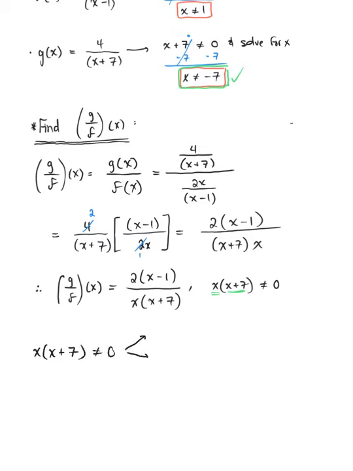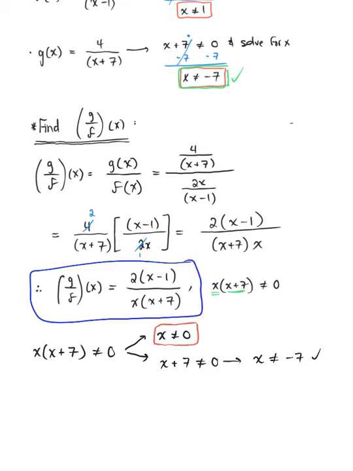We have two separate cases to consider here. We have this new factor, x cannot be equal to 0. So we'll want to be sure to exclude this from our domain. And again, we've already seen that when x plus 7 is set not equal to 0, this produces x cannot be negative 7. So there are three values here that we need to exclude with our final answer here for the quotient.